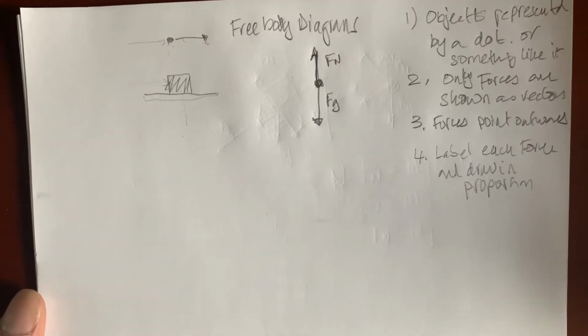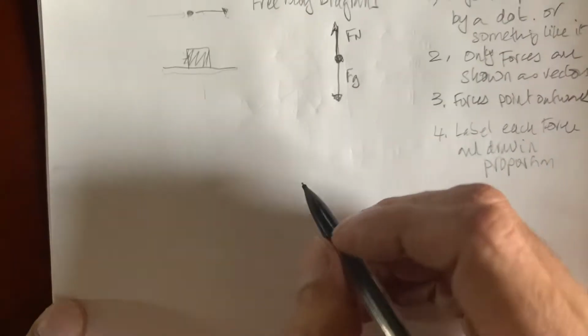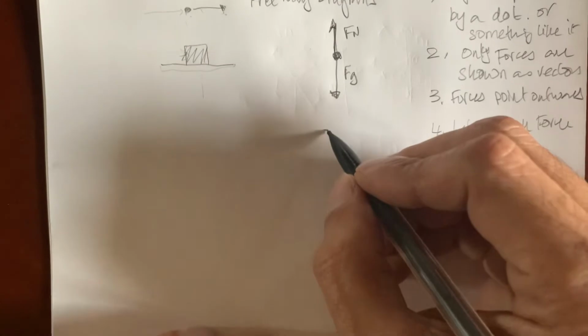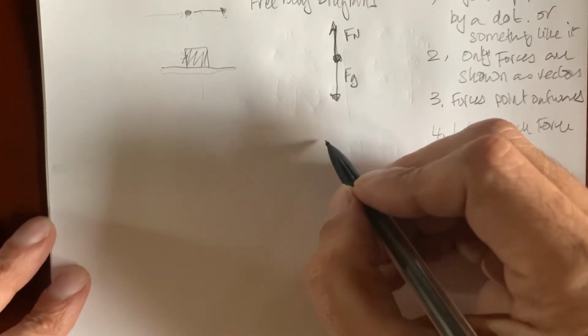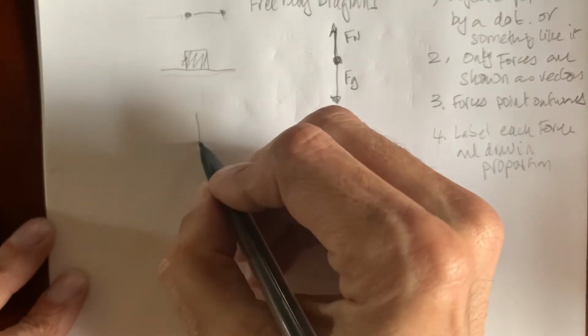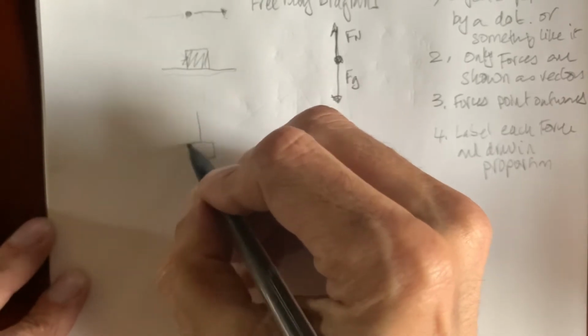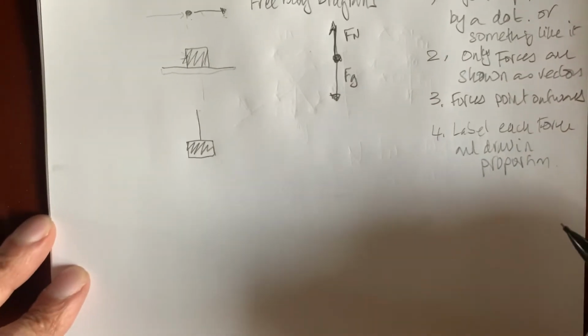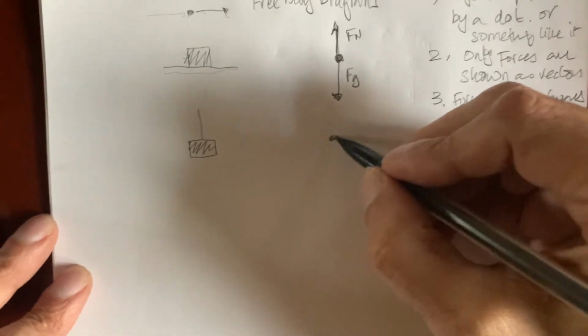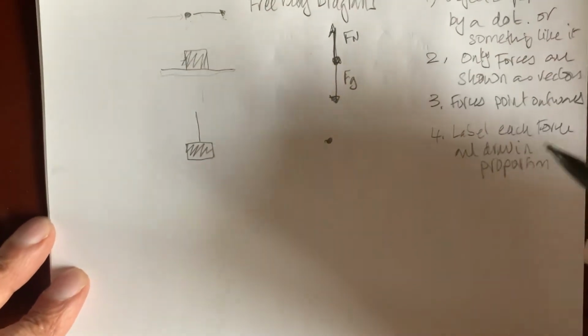Okay, let's have some more fun with this object. Let's say I have an object hanging from a cord. The free body diagram of this looks just like the one on top, except for the labeling.